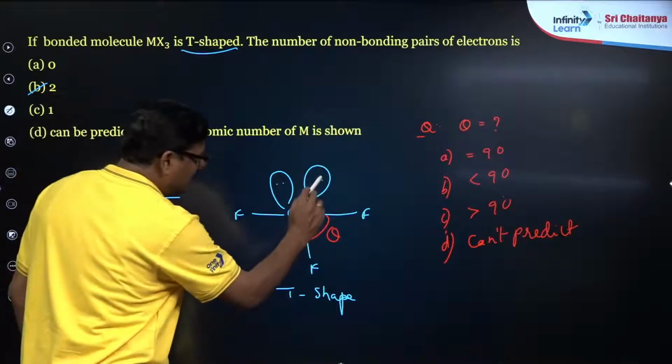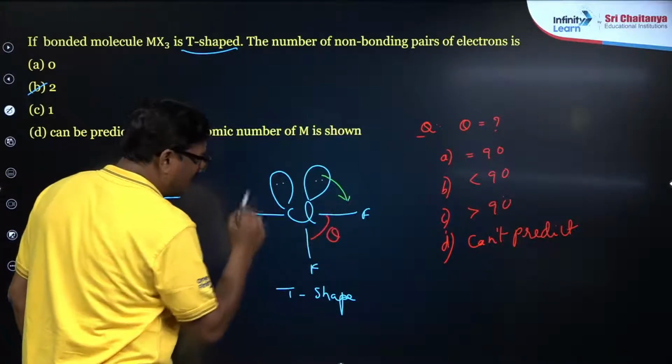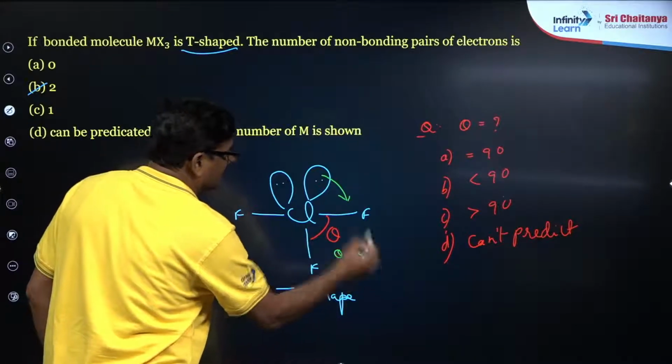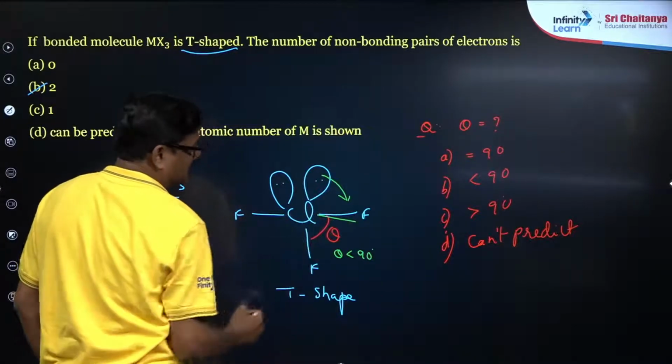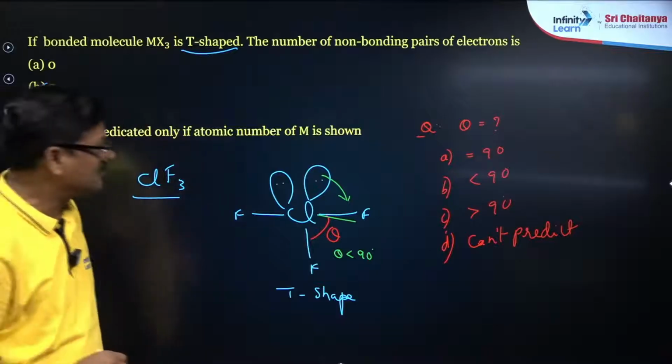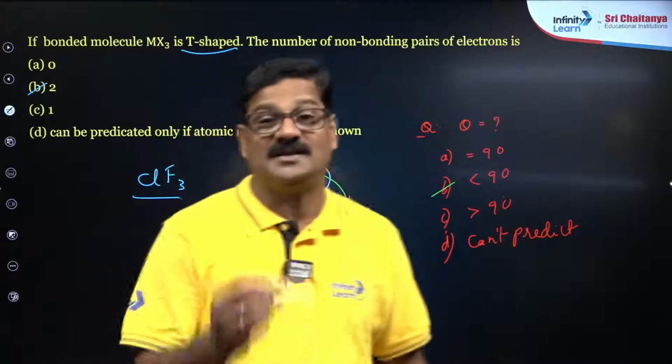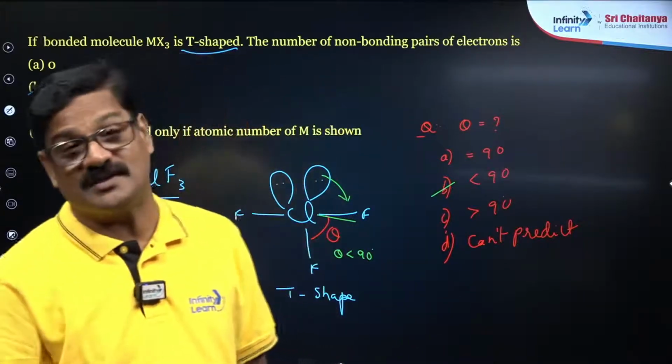ये थीटा, ये lone pair और bond pair का repulsion की वजह से थीटा हमेशा less than 90 होगा, क्योंकि ये bond ऐसे आता है, ये repulsion की वजह से. So I just want to say less than 90. यहाँ से assertion and reasoning questions भी दे सकते हैं.